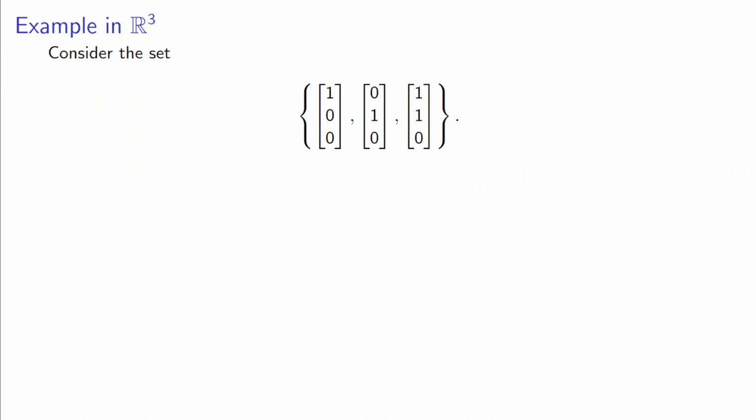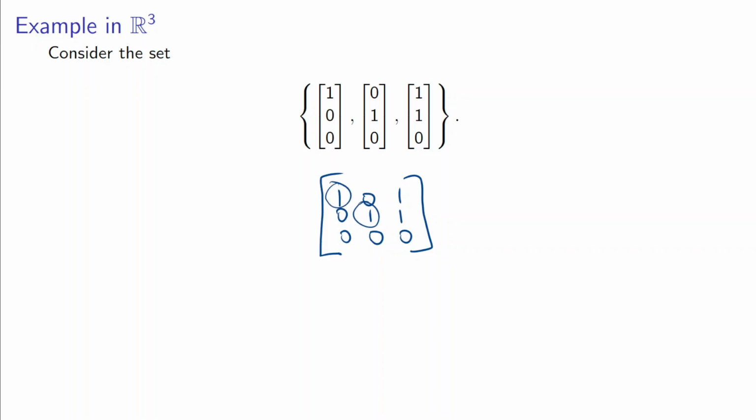What about this example? These three vectors are not going to, if we were to consider this matrix here, okay, this is in reduced row echelon form, right?